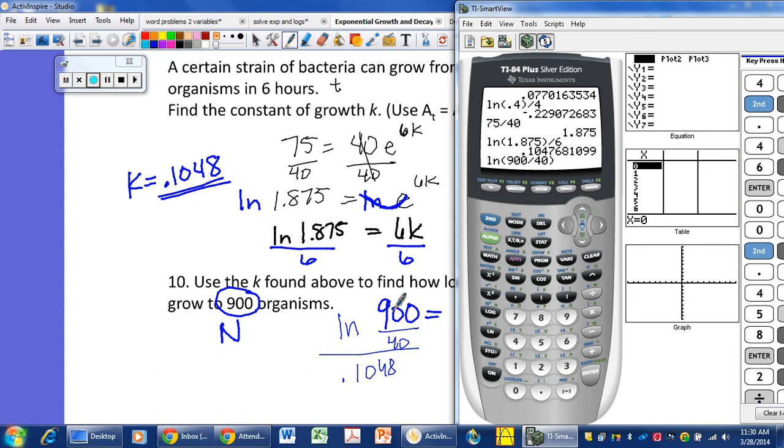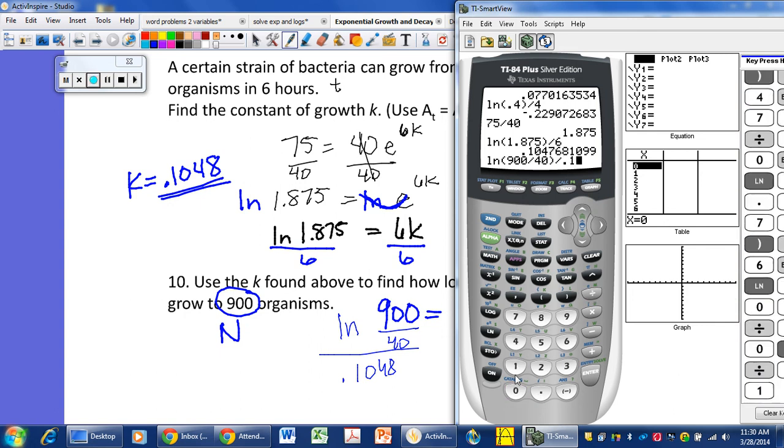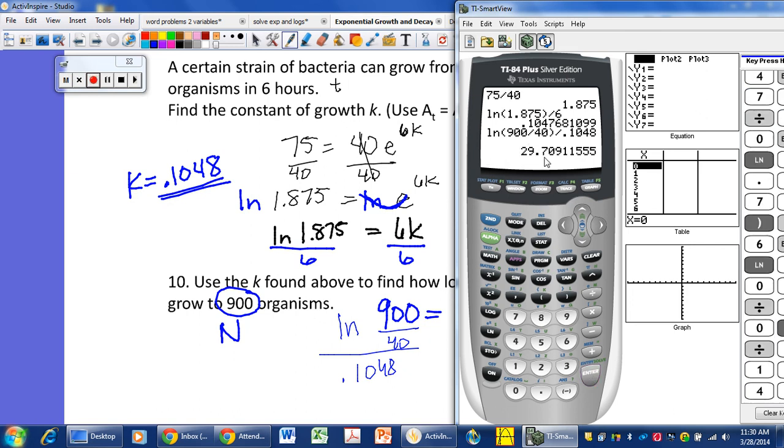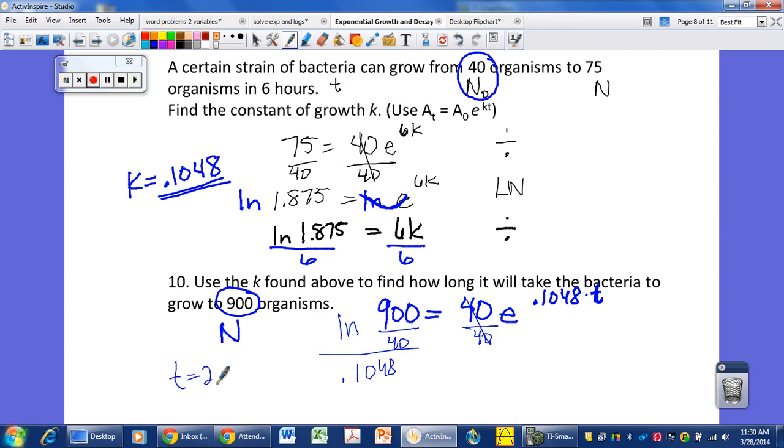That gives you this amount right here, divided by 0.1048. That gives us a 29.7. Or in this case, let's see, what was our unit? So our time is equal to 29.7 hours. Okay, because our original amount was in hours, so this amount is also going to be in hours. Okay, good to go.